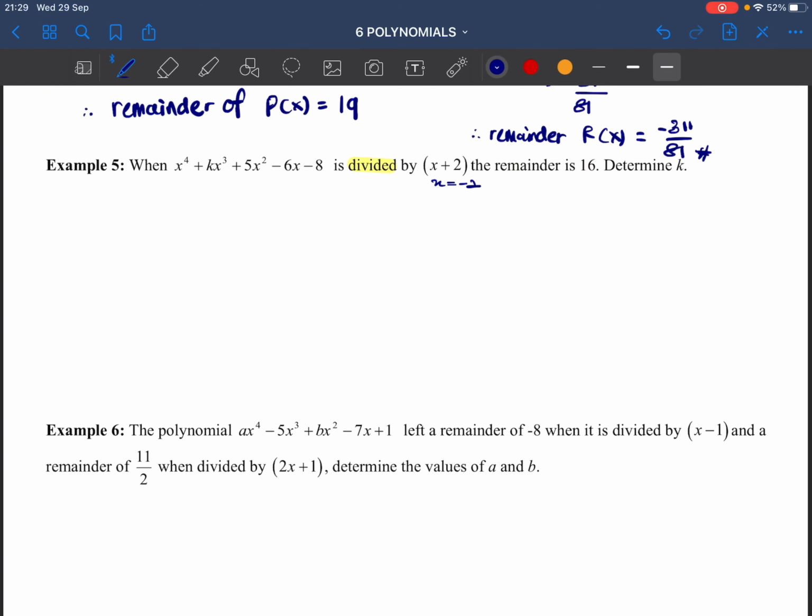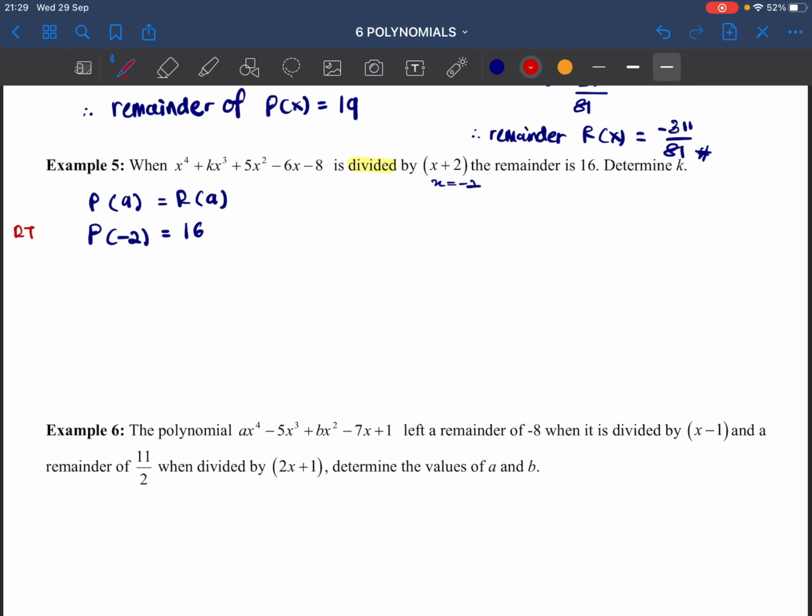Let's write what we have here. We know that P(a) equals R(a), and we have our divisor with root x equals -2. So P(-2) equals R(a), the remainder. It is already given to us that the remainder is 16, so we have P(-2) equals 16.